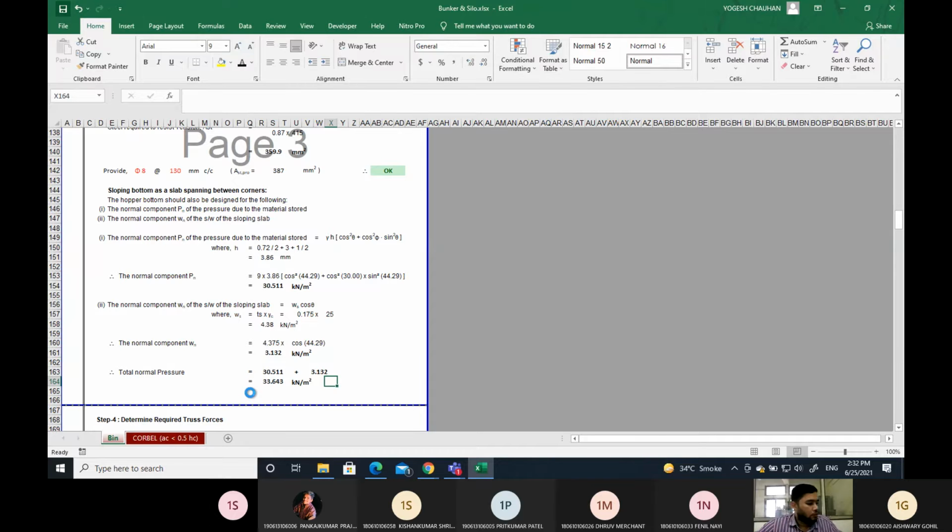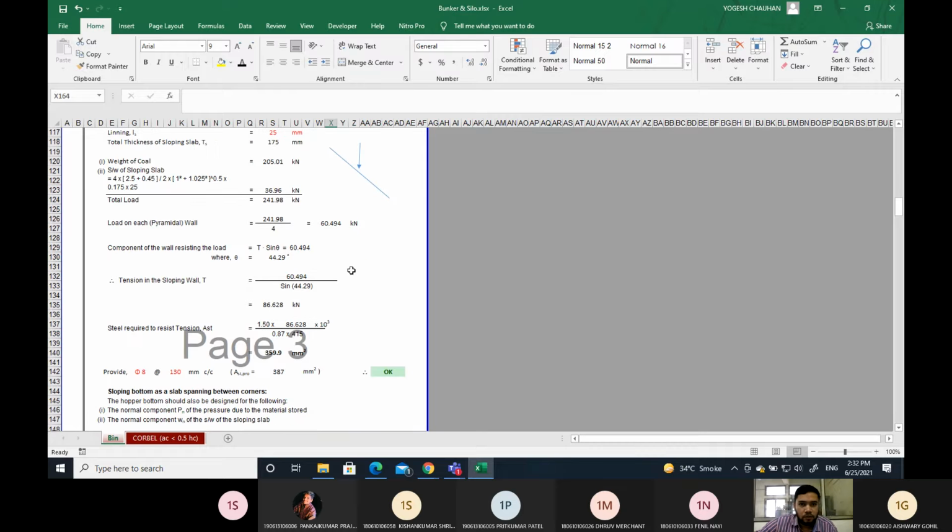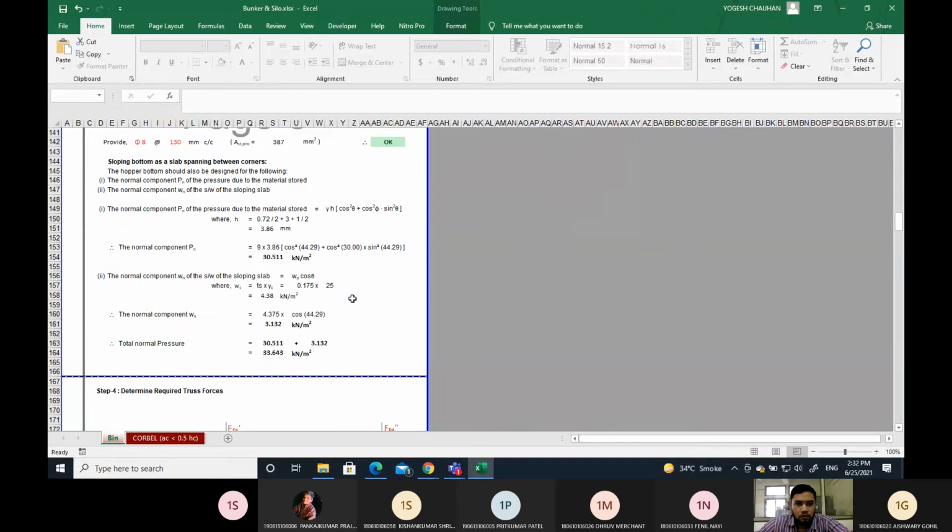Okay, so now you have the normal pressure. You can find the bending moment due to this normal pressure. Now you have this normal pressure, so you can consider this beam as supported between these two corners and subjected to this normal pressure. So you can find the moment due to this normal pressure.